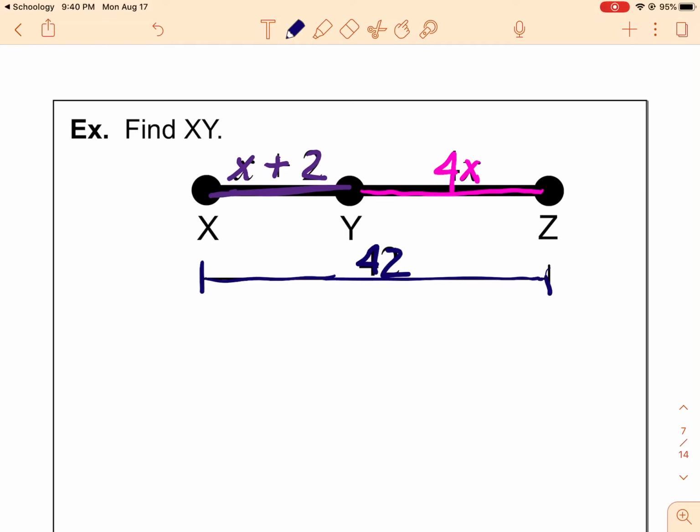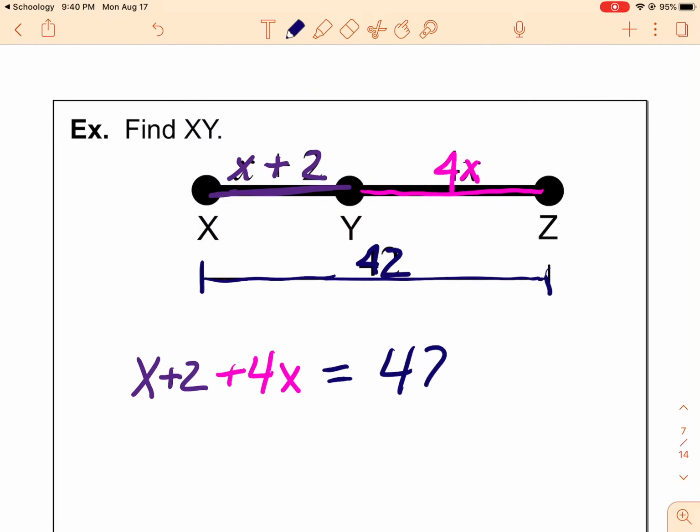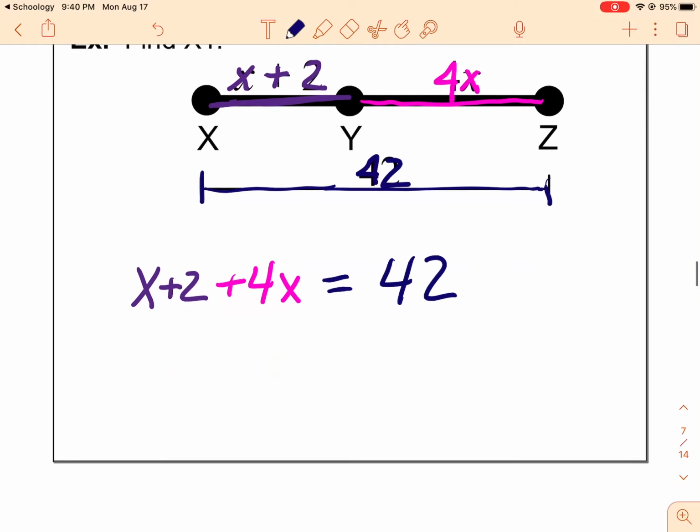So the two parts add up together to be the whole thing. So we're taking x plus 2 plus 4x, and that's going to equal our 42. The two parts equal the whole.